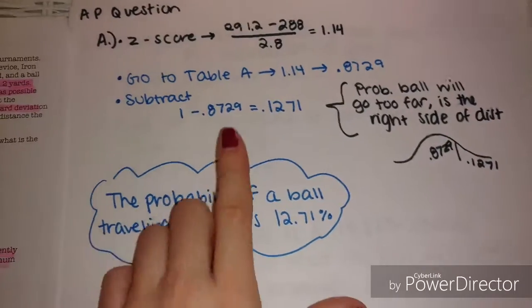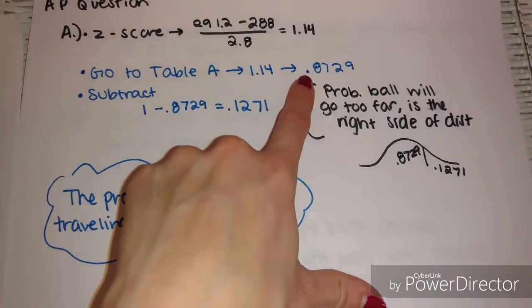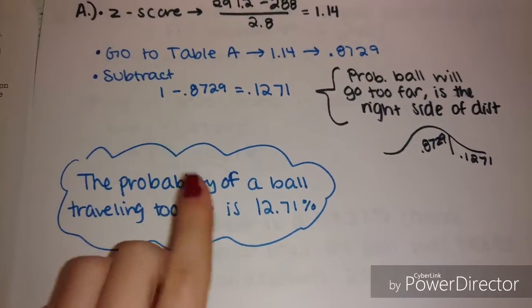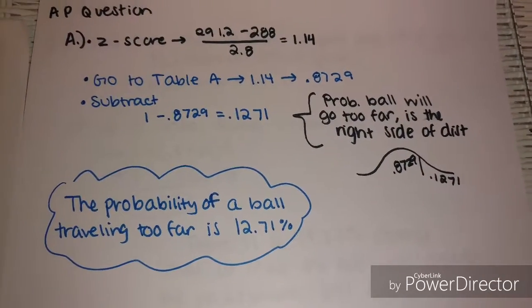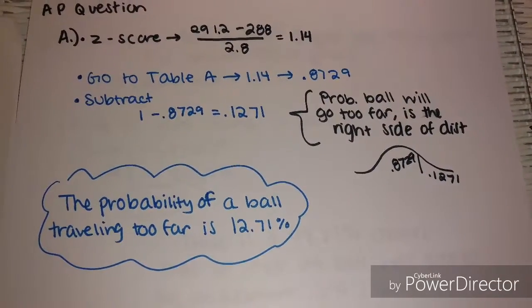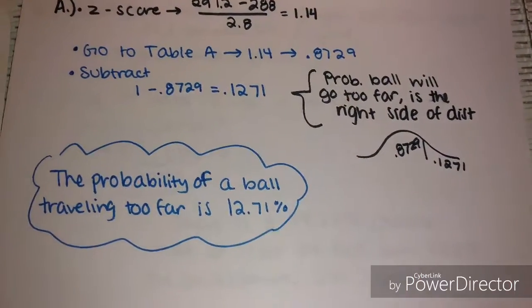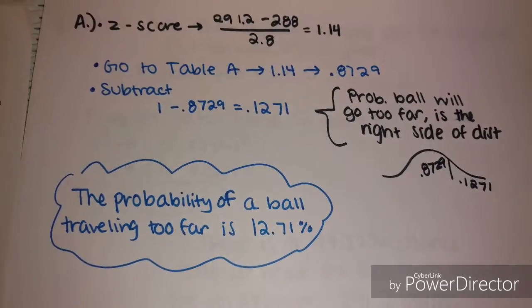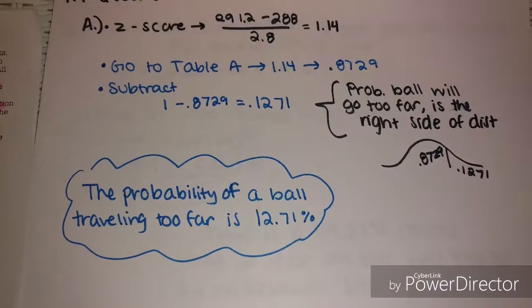So we'll go to Table A, find 1.14, and that gives us 0.8729. We're subtracting 1 minus 0.8729 because we want to find the probability of the ball going too far, which is to the right side of our distribution curve. And so this gives us 0.1271.